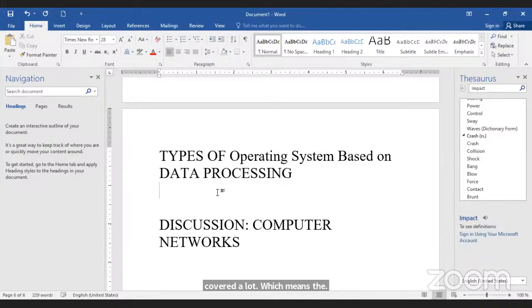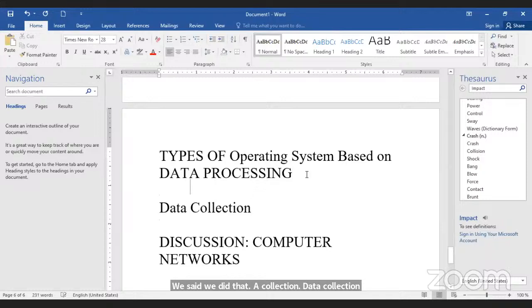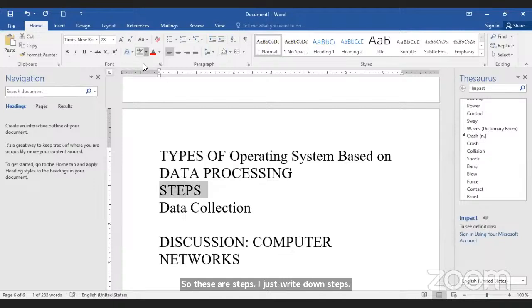When it comes to data processing, the first step when you are processing data is data collection. These are steps, so we write them as steps.